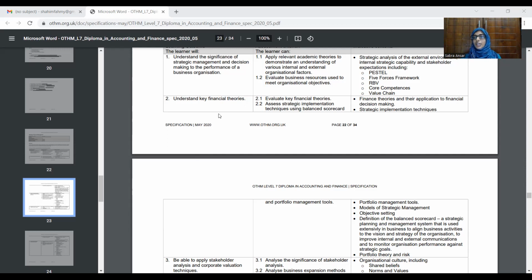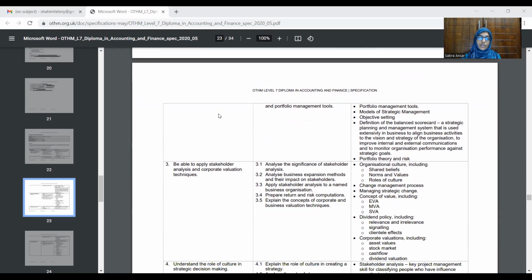We will talk about different financial theories and how strategic implementation techniques are used. Today we do a little bit of strategic implementation. However, the area related to the balanced scorecard we will probably do in the lessons to come, because we have a specific section on the balanced scorecard.